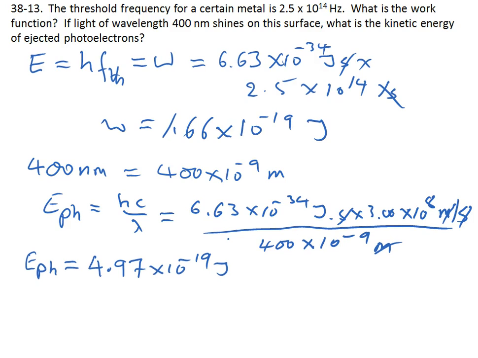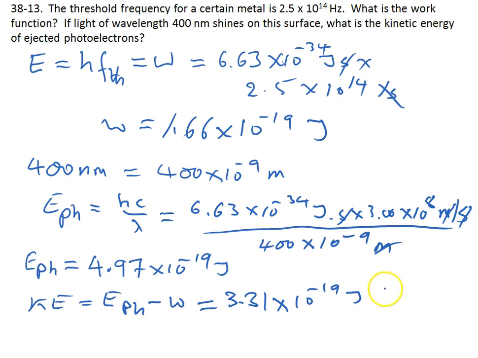Okay, so the photon energy is bigger than the work function, so the kinetic energy is equal to the photon energy minus the work function, and I'm just going to calculate that directly. 3.31 times 10 to the minus 19 joules.